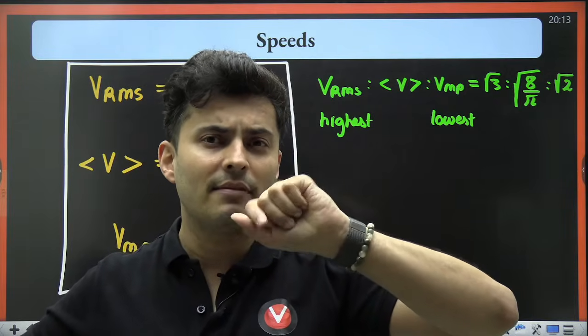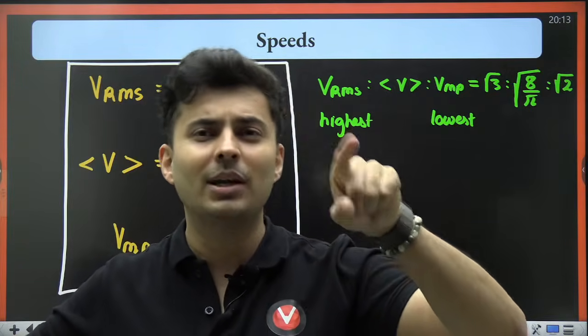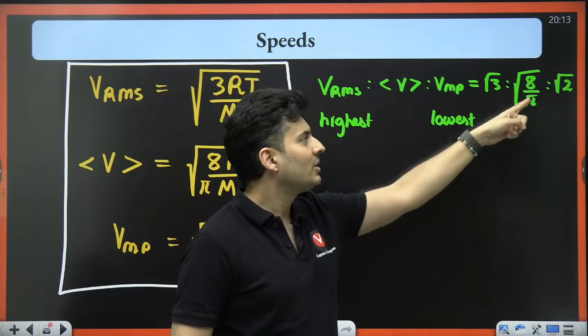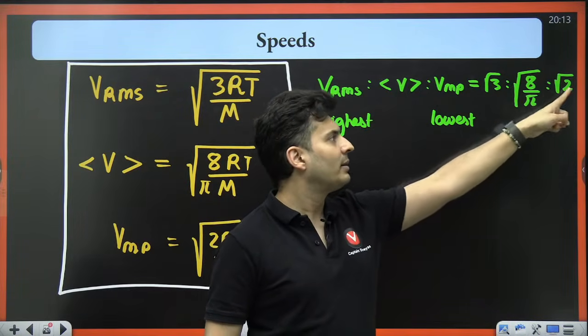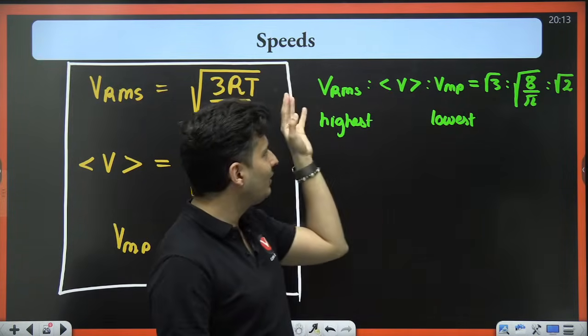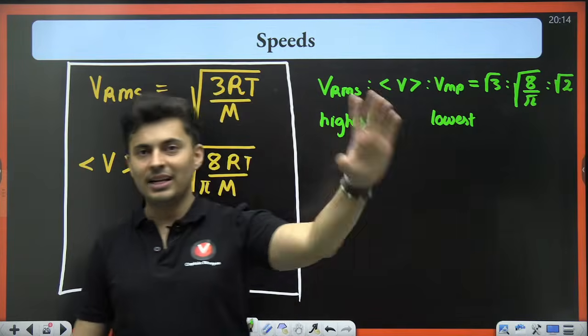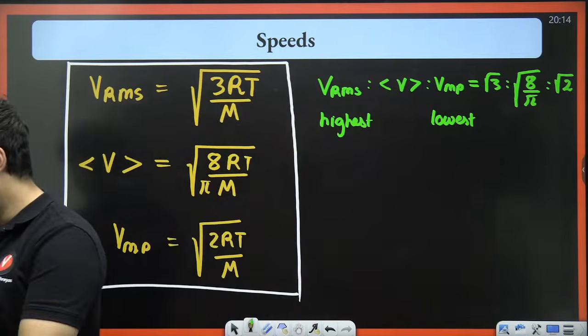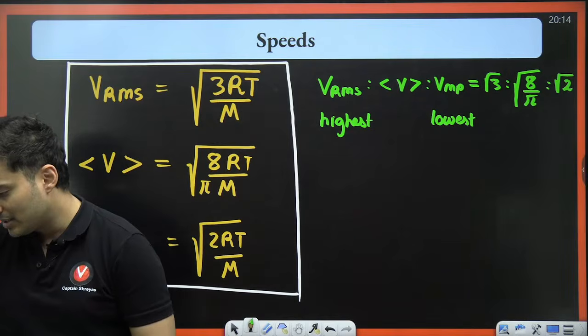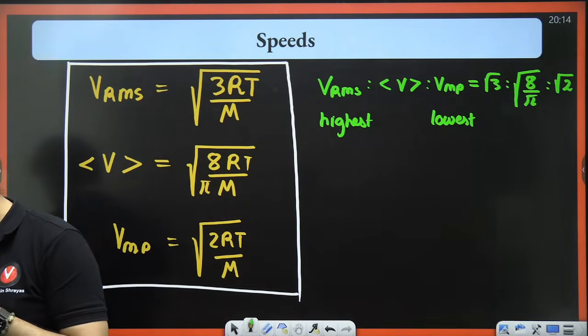So 8 by pi will be slightly less than 3 but more than 2. So it is in between these two values. That's the reason why they are in proper descending order. This kind of question has also come. Yes, I hope this is very, very clear.